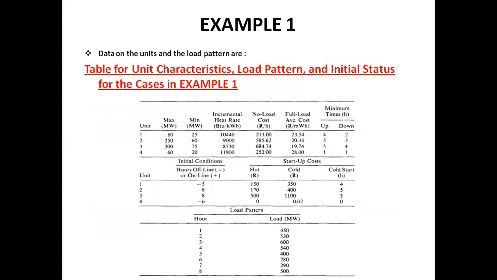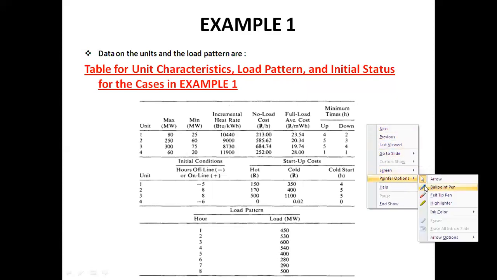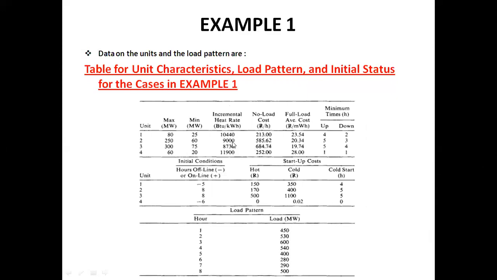For example 1, the data on the units and the load pattern are given in a table of unit characteristics, load pattern, and initial status. There are 4 units: unit 1, unit 2, unit 3 and unit 4.